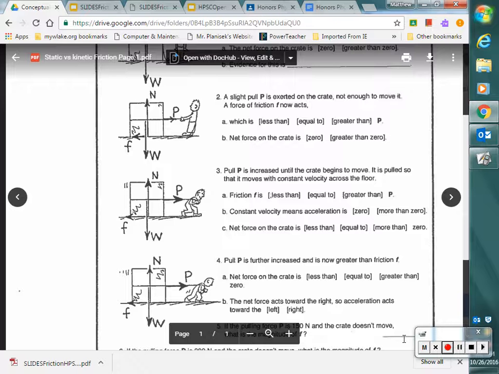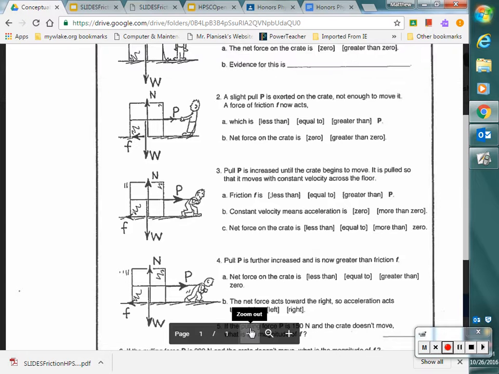We're going to get to that today. So for number 2, N, P, W, and F. F is kind of on the ground right there because it's friction, so they wanted to throw that in. All right. So, pull P is increased, and the crate now starts to move.